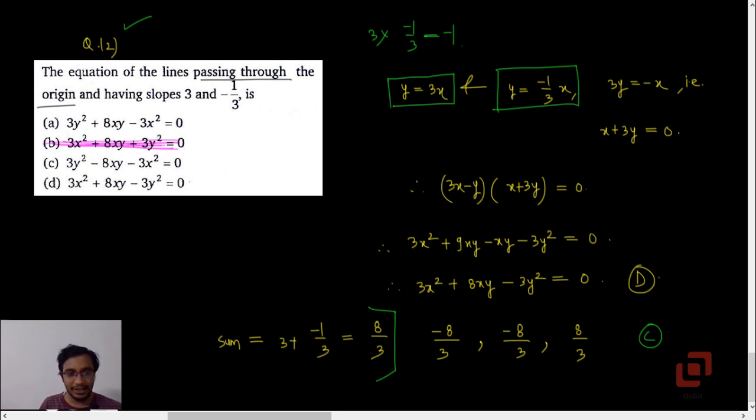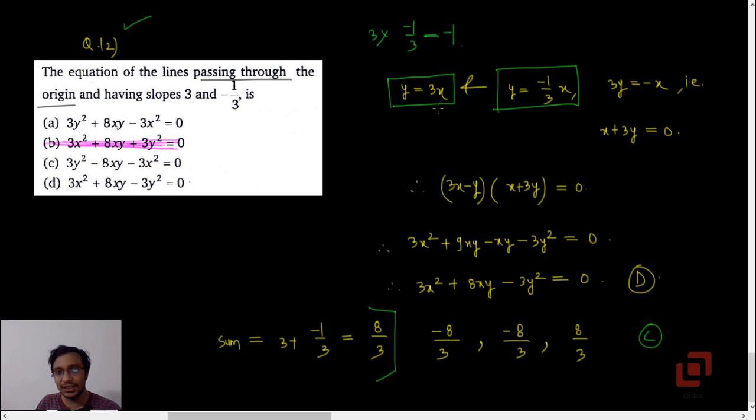So either A, C or D, and to get that we have to either multiply these equations to get the joint equation, or check the sum of the slopes. I'll explain you both the methods. First, let's find the equations in their required form. You must always have 0 on one side.